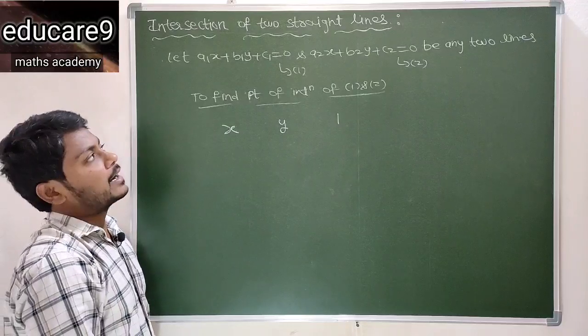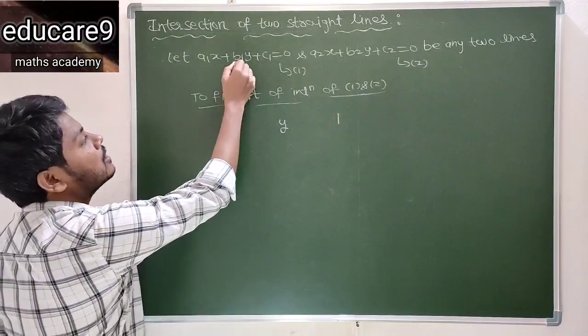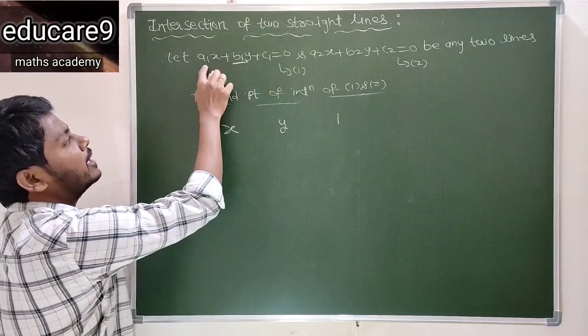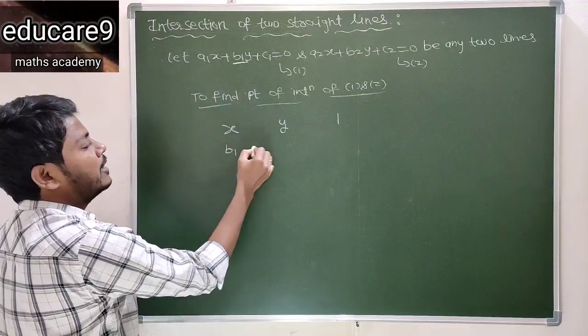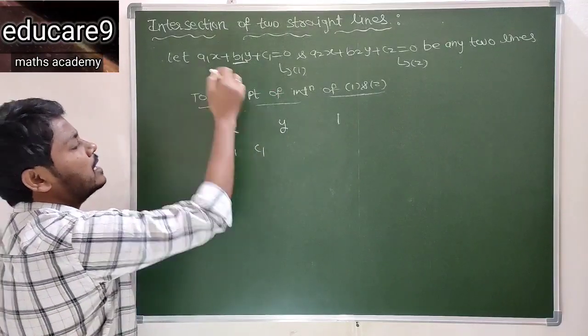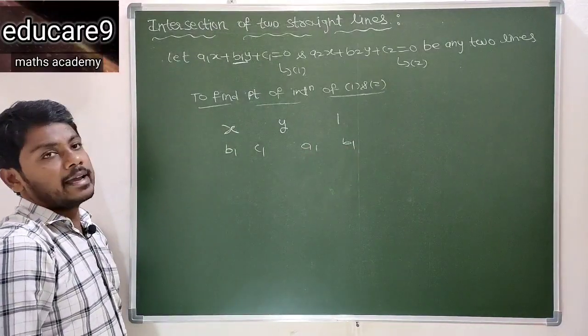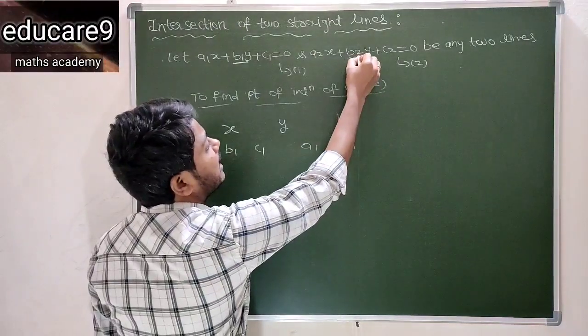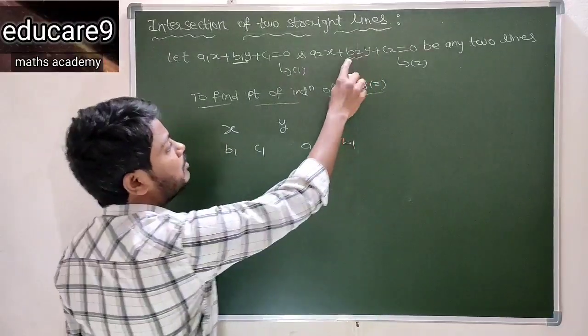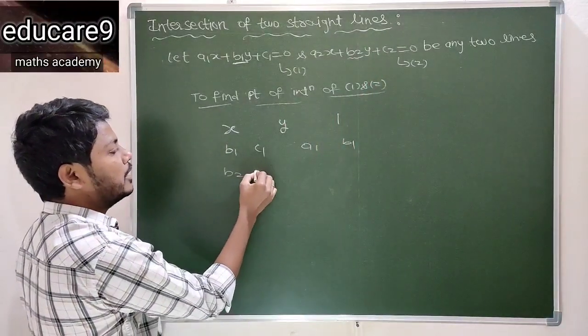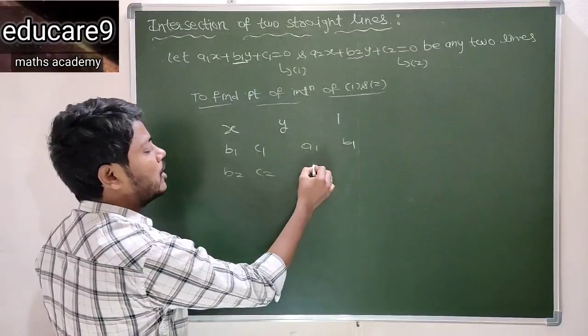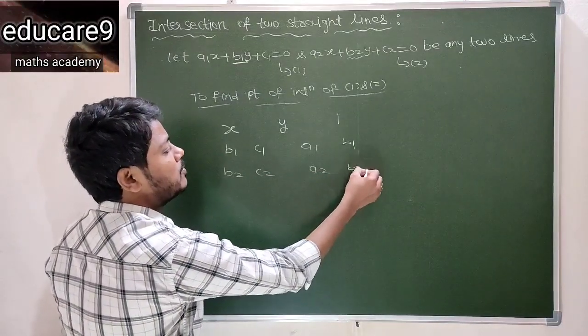Starting from the middle element, write horizontally: b1, c1, a1, b1. Again start from the second element, that is b2, and write horizontally c2, a2, b2.